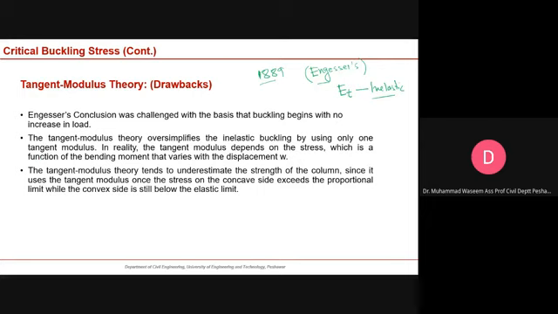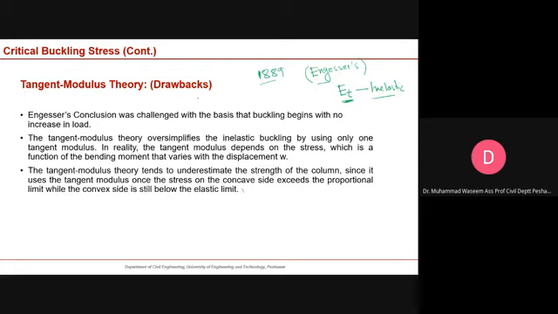Now what are the drawbacks if you use the tangent modulus in the inelastic range formulation of critical stresses? You will get an underestimate of the strength of the column, because it uses the tangent modulus once the stress on the concave side exceeds the proportional limit, while the convex side is still elastic.